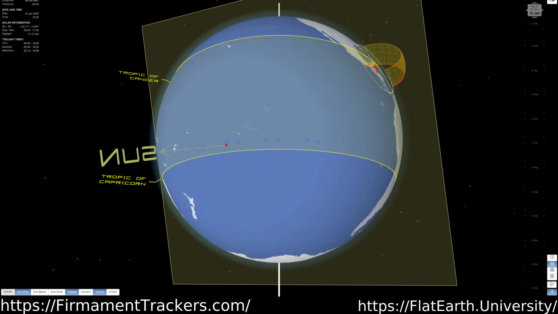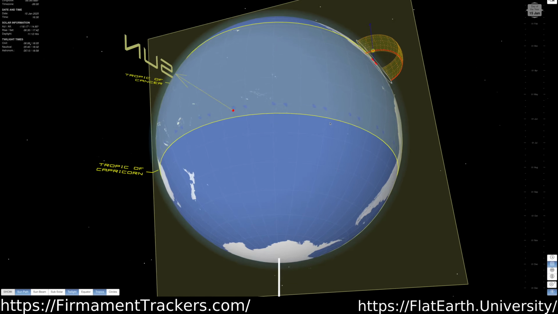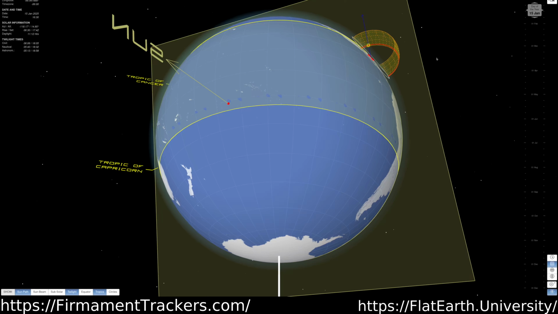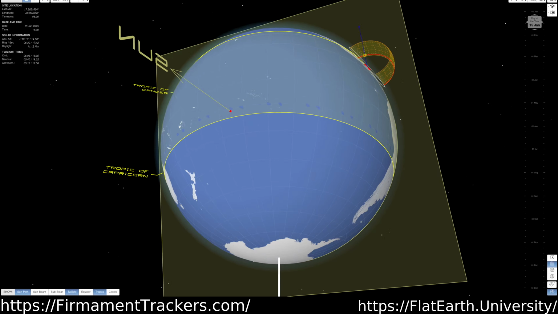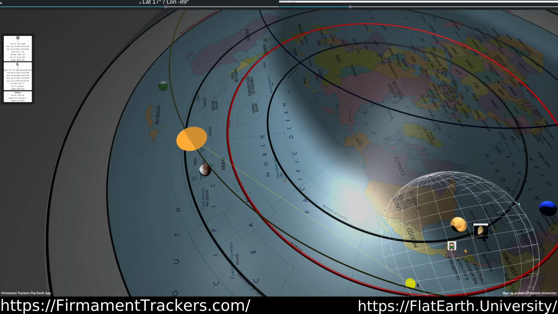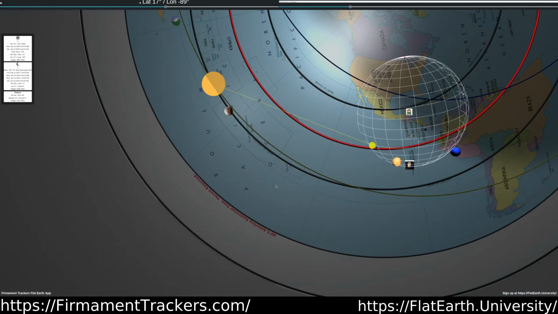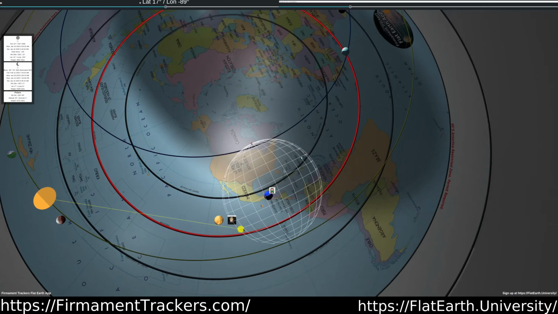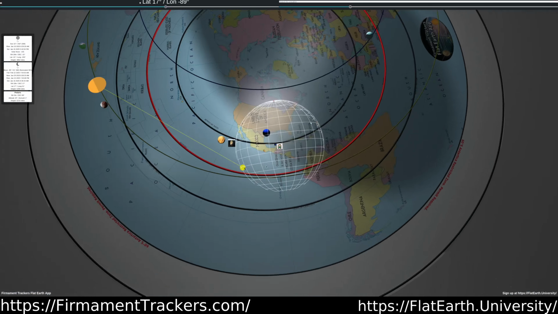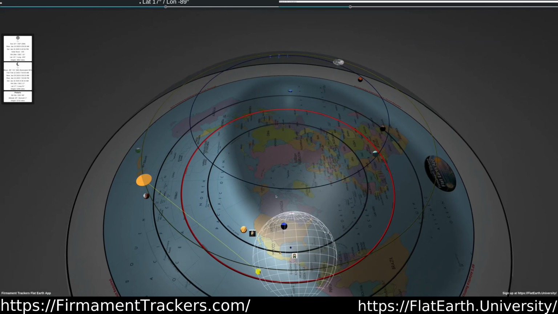So the sun's ground position is still here in the middle of the ocean, except because the globe's not real life, the angles don't match up. So let's go back to the real life flat Earth model. See how the sun is still at the exact same ground position, except this time it can actually point to it. Does that make sense?